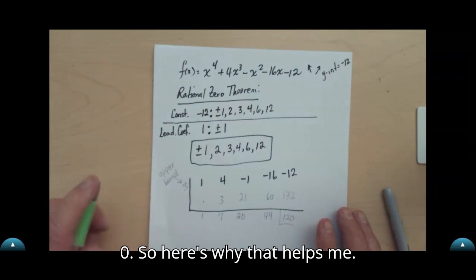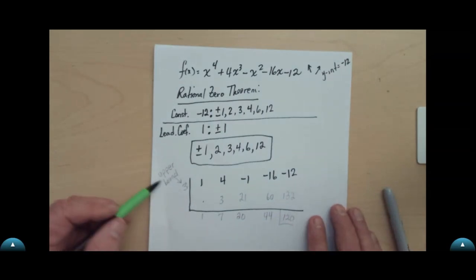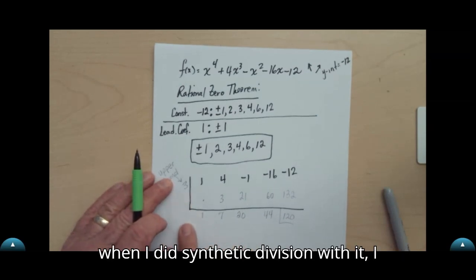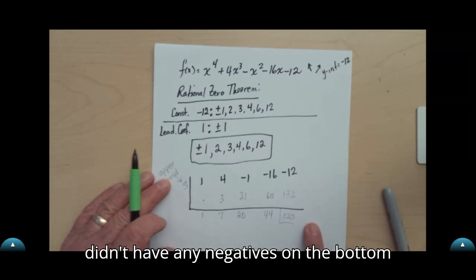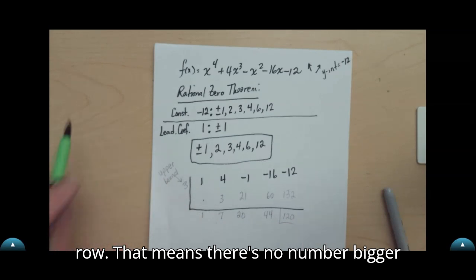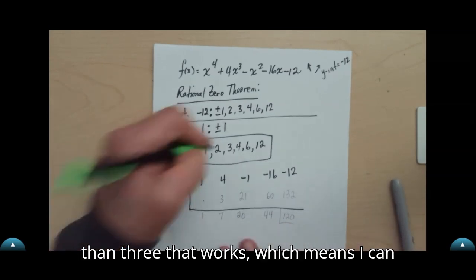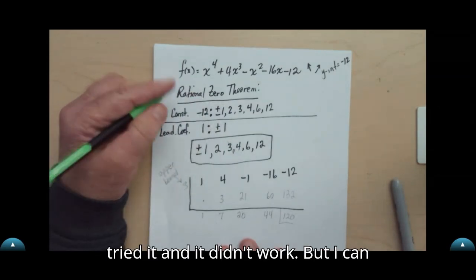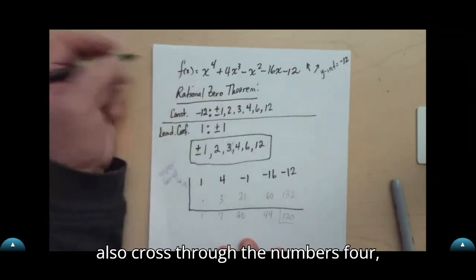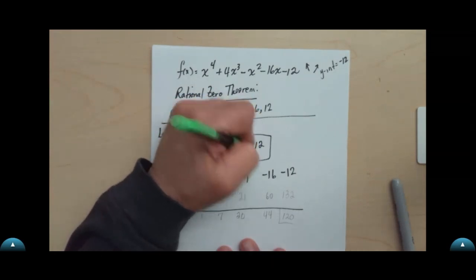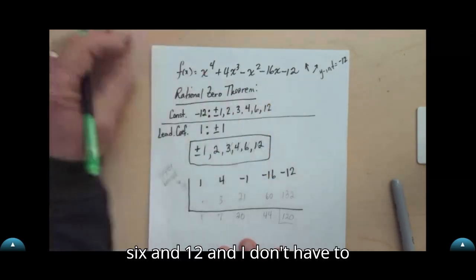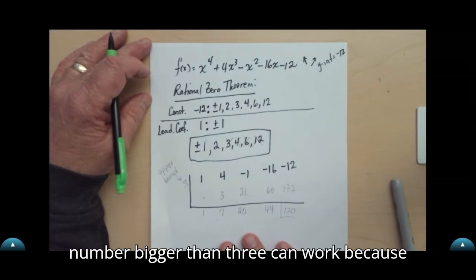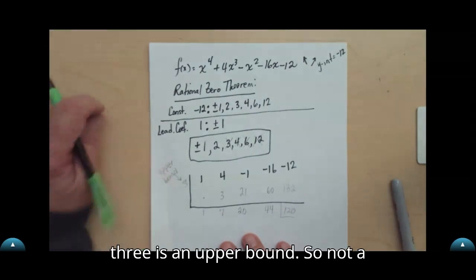So here's why that helps me. 3 is an upper bound because when I did synthetic division with it, I didn't have any negatives on the bottom row. That means there's no number bigger than 3 that works, which means I can cross through the number 3 because I tried it and it didn't work. But I can also cross through the numbers 4, 6, and 12, and I don't have to try them. Y'all see that? Because no number bigger than 3 can work because 3 is an upper bound.